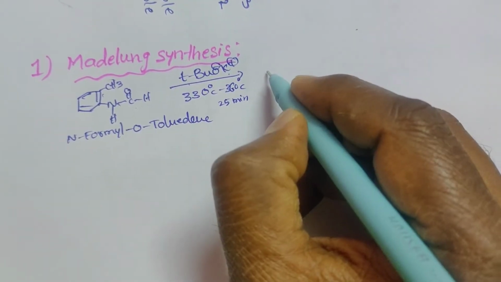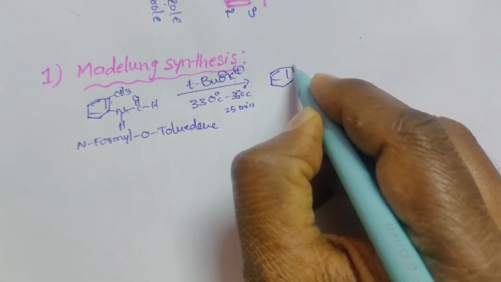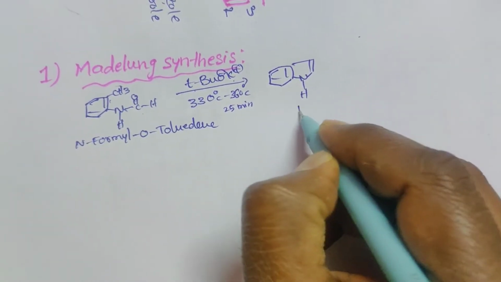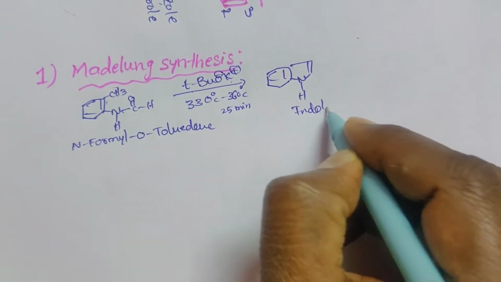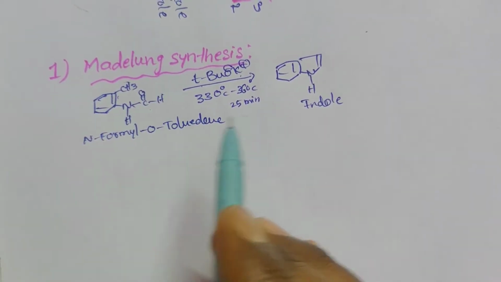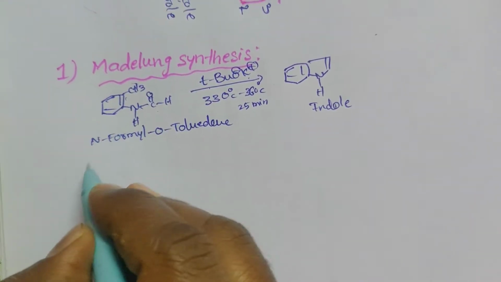Then we get the indole. So this is the Madelung synthesis. In Madelung synthesis, N-formyl orthotoluidine is the starting substance. Now we go for the mechanism.